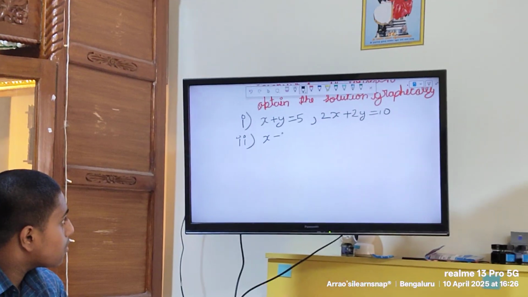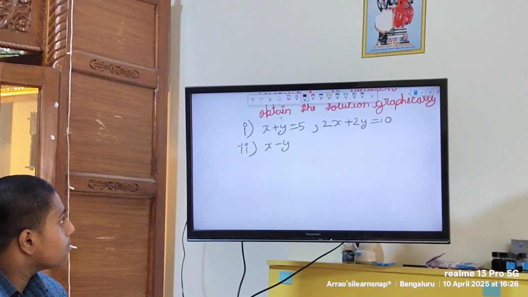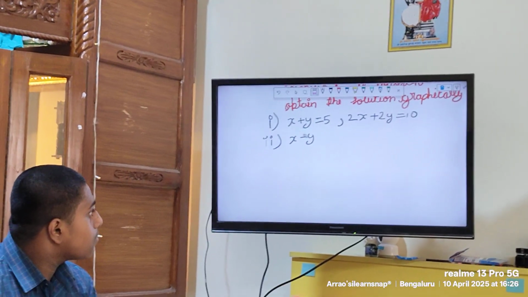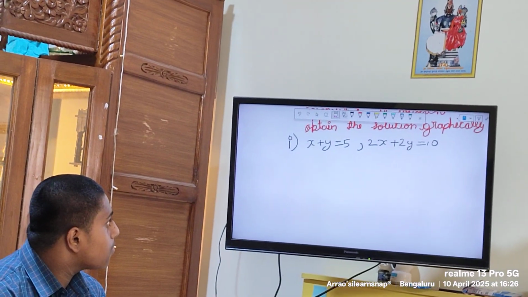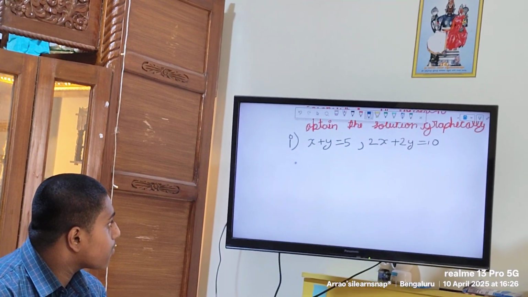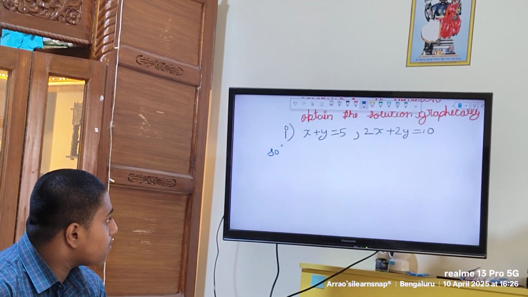You solve the first one and then go for the second one. Now we are solving the first one.